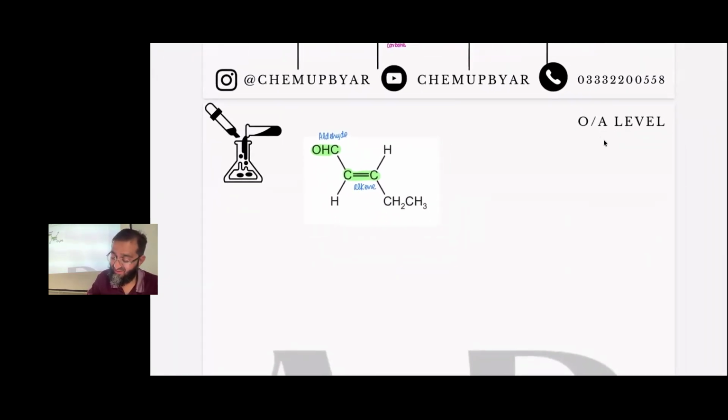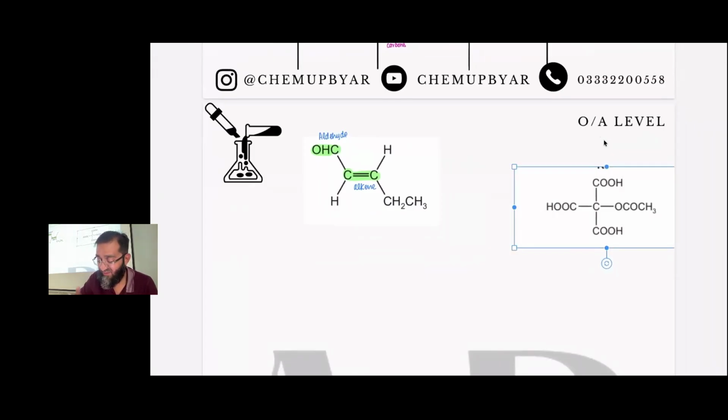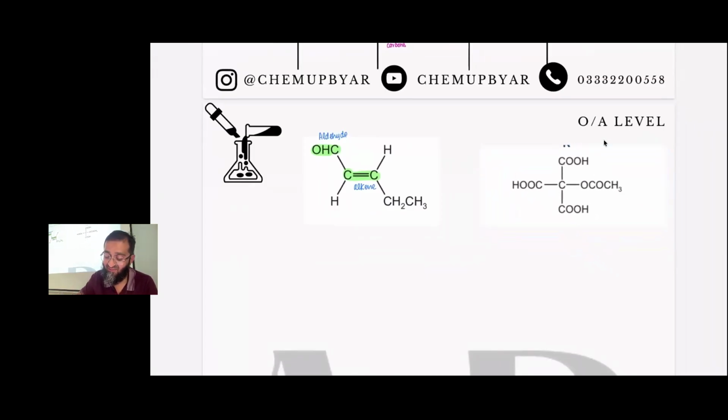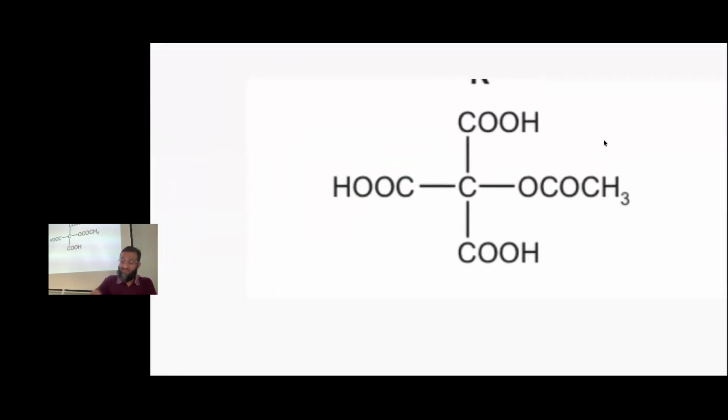Okay. Now, 1 minute. Ahmed, identify the functional groups in this. Very good. How many carboxylic acids are there? Okay. So see, this is carboxylic acid, this is carboxylic acid, this is carboxylic acid. Now, what is this one? Aldehyde.